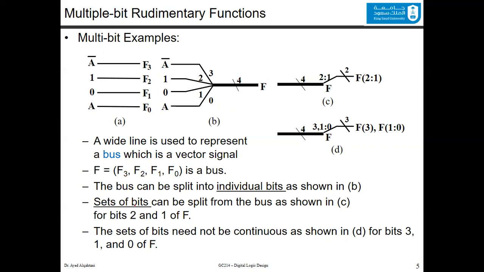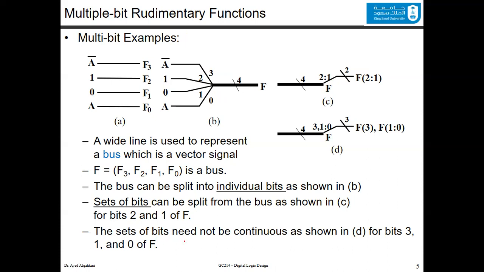Also, sets of bits can be split from the bus as shown in C here. So you have this bus with 4 lines. You can take 2 lines from these 4 and you have to indicate which lines they are. Because you are already indexing them here, you know they are 1 and 2. So you take those 2 lines over here.